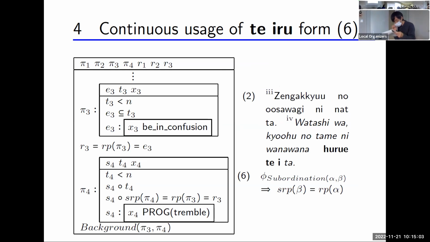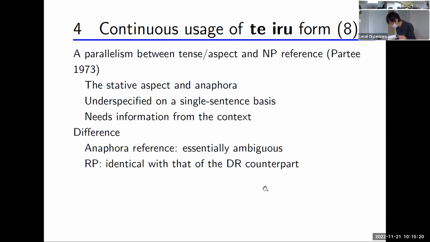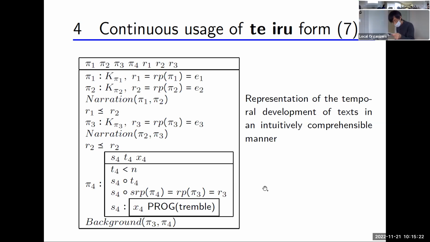The SDRS for pi 3 and pi 4 are connected by a discourse relation background, a kind of subordination. Rule 6 applies to the two SDRSs, pi 3 and pi 4, for which a subordinating relation holds.